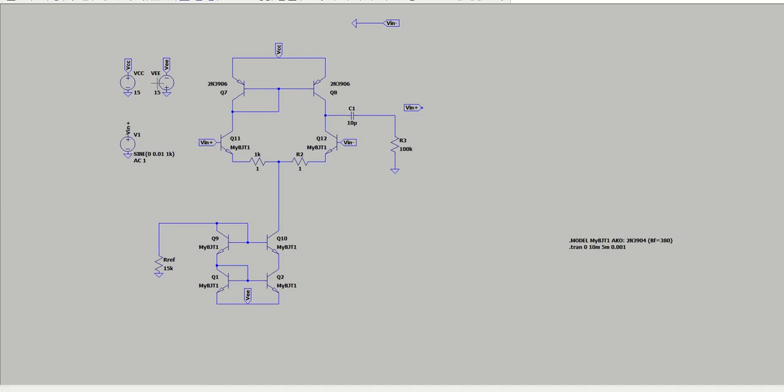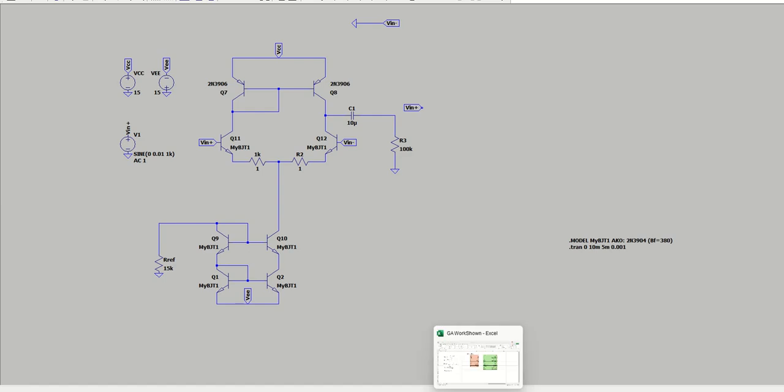And again, I'm using 15 volts for VCC and VEE. So when you do your design, make sure you're sticking with plus and minus 10 volts.